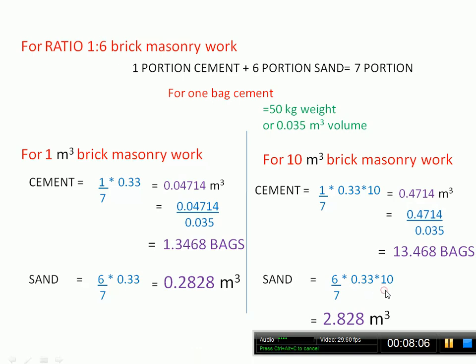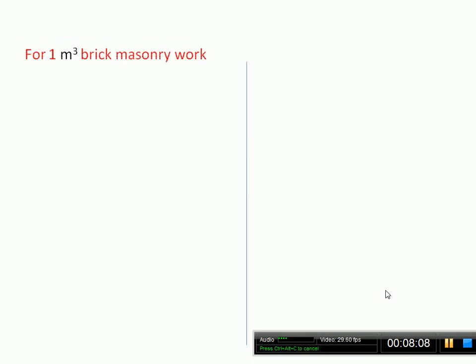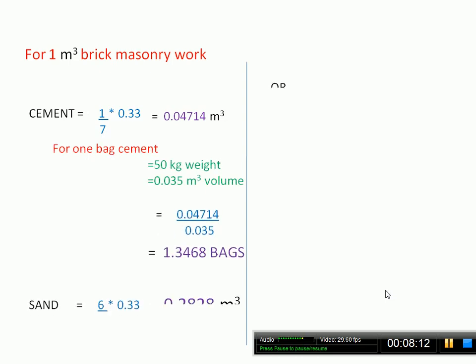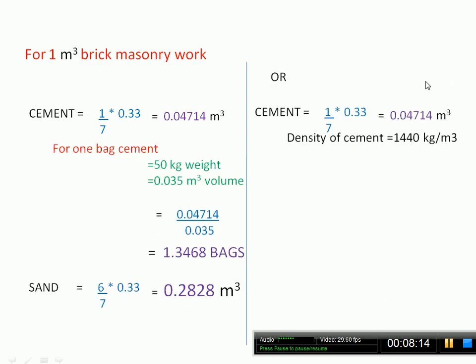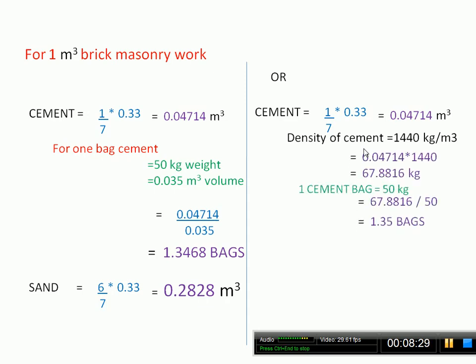Now we also find the value of cement and sand in another way. Here we consider 1 by 7 into 0.33, which is equal to 0.04714 m cube. Now we consider the density of cement is equal to 1440 kg per m cube.